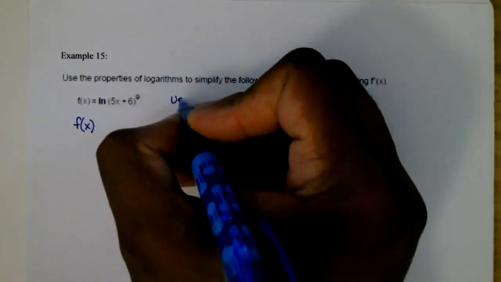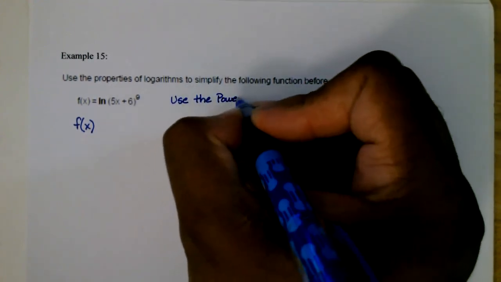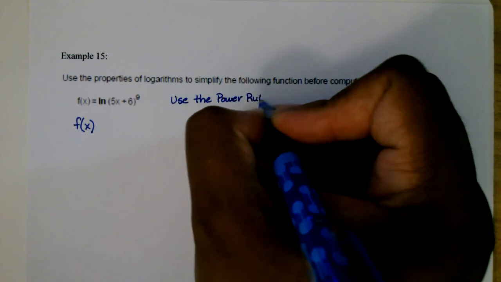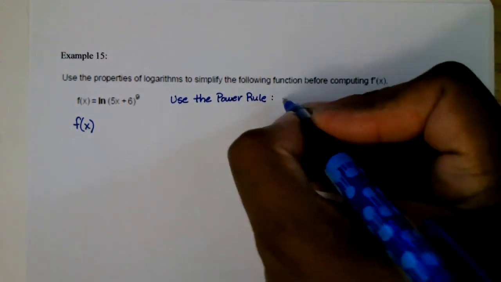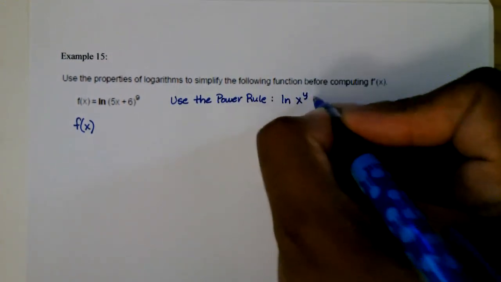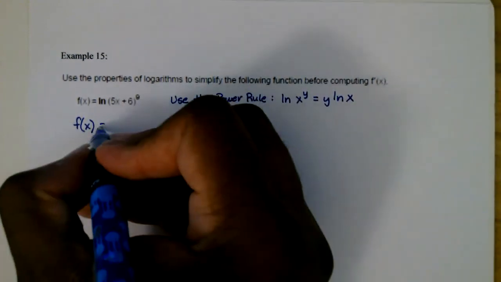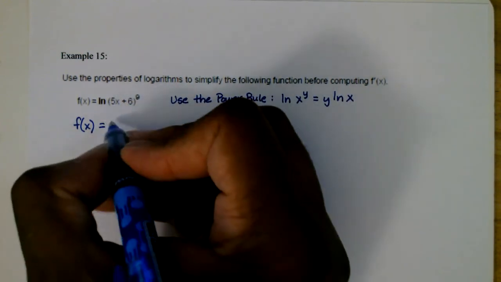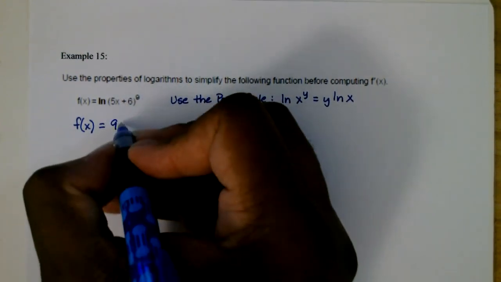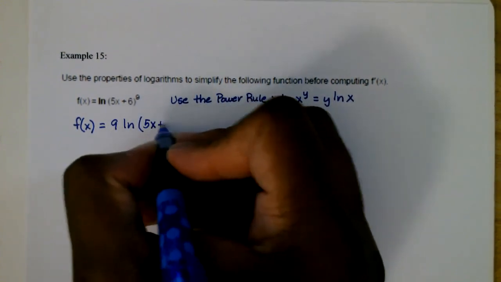So use the power rule, where in this case, I'll write it out, ln of x raised to the y equals y times ln of x. So in this case here, I'll bring the 9 in front of ln of 5x plus 6. So I have 9 times the natural log of 5x plus 6.